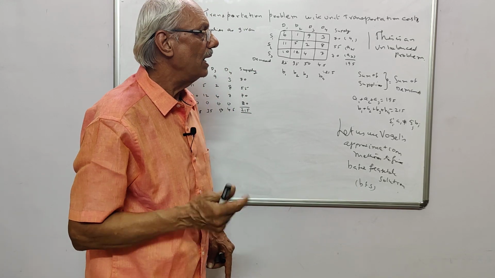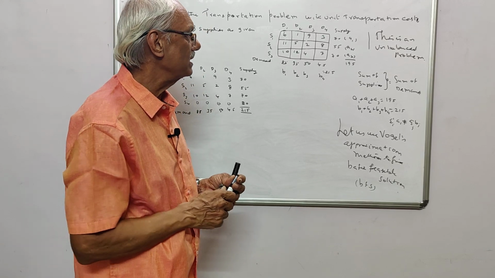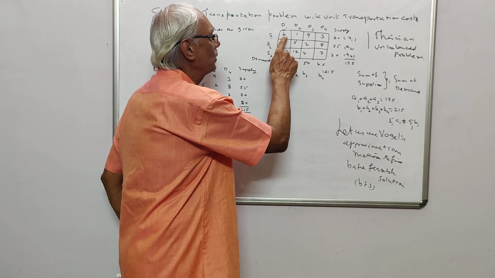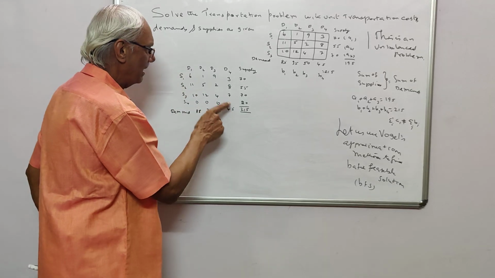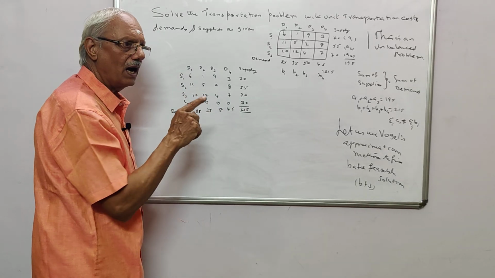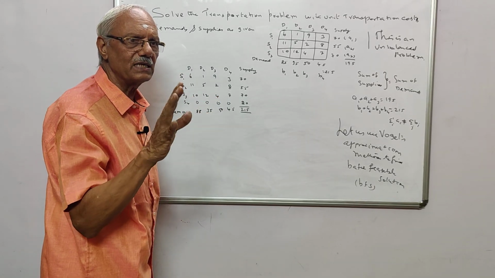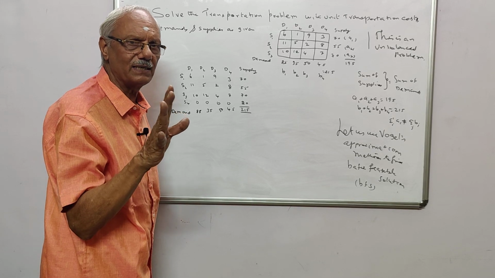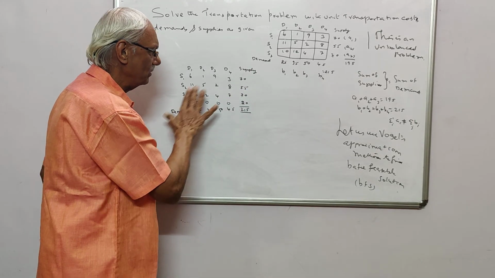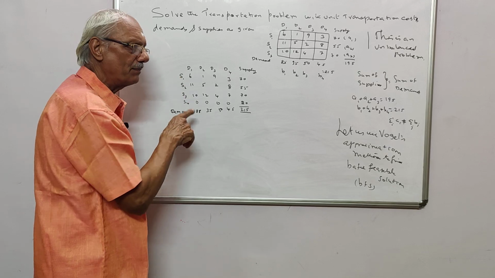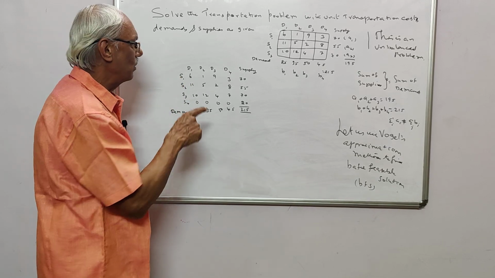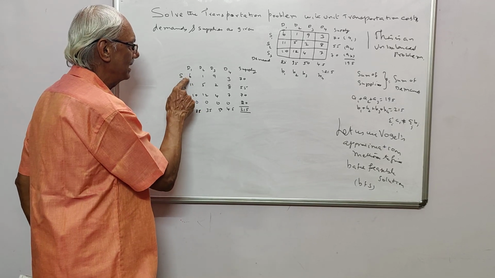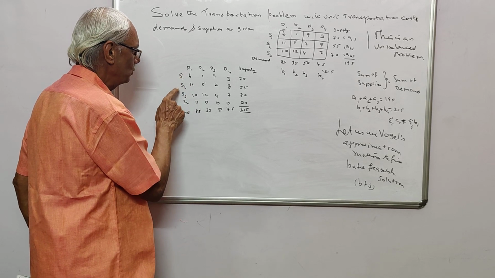Are you able to understand? Another thing you must know: how many rows are there? I have added this row because it had to be balanced. It was an unbalanced one, therefore now it is balanced, and thereby I get a 4x4 matrix. How many rows? 1, 2, 3, 4.